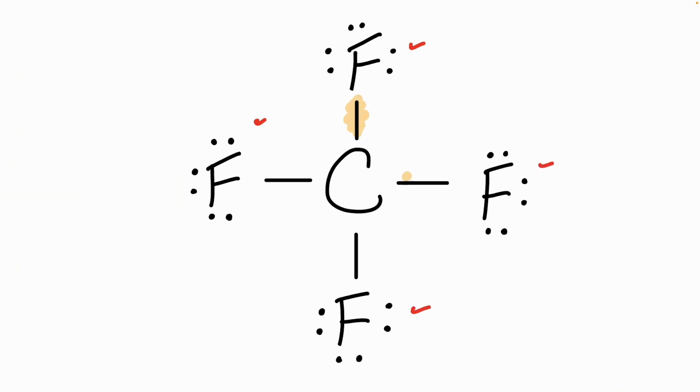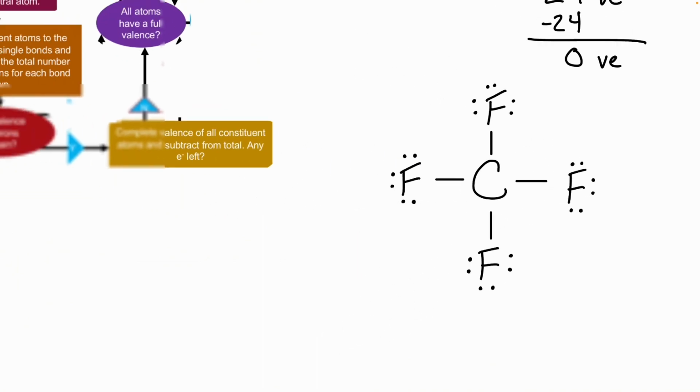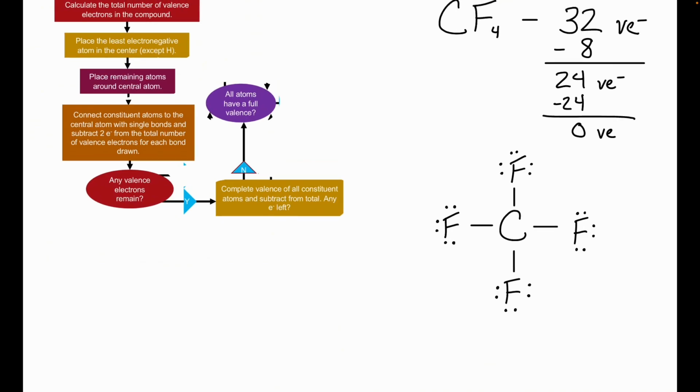This has 2, 4, 6, 8. So carbon's also happy. All right, so we have all of our electrons on the board. We have all of our atoms with a full octet. So this is the Lewis structure for this carbon tetrafluoride. We're done.